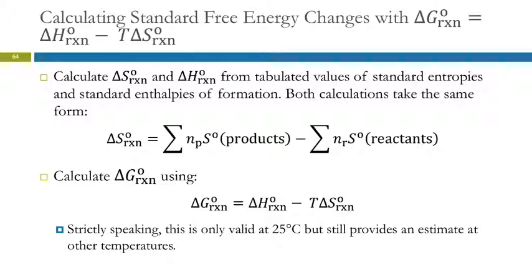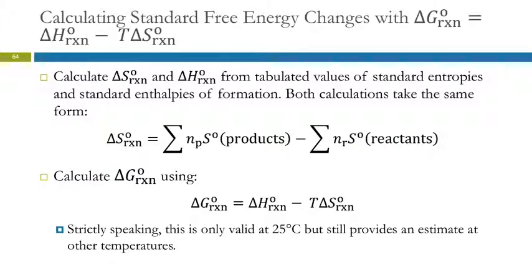So we can calculate the standard entropy change for the reaction and the standard enthalpy change for the reaction from the tabulated values. And both of those calculations take the same form. We just did an example of this.